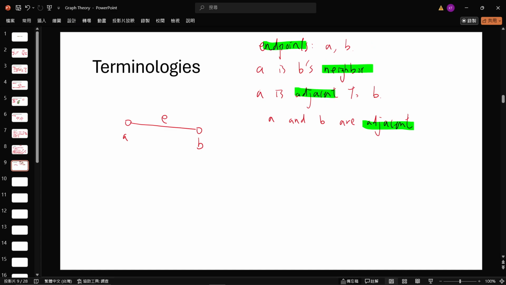So whenever we use this word adjacent, it must be that we consider two vertices.